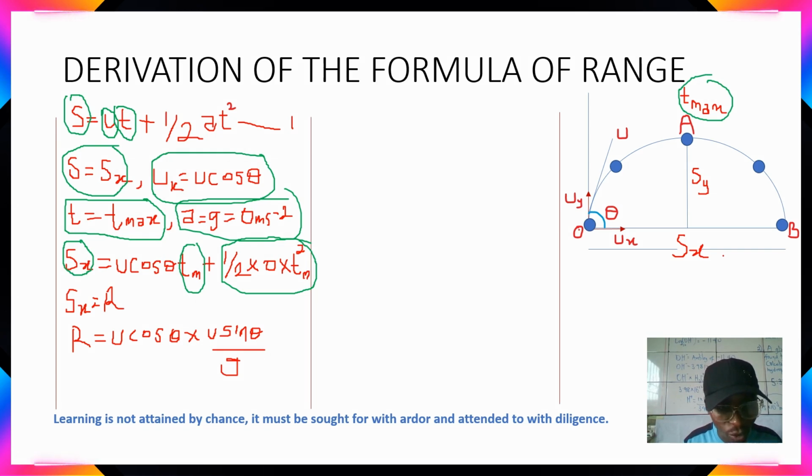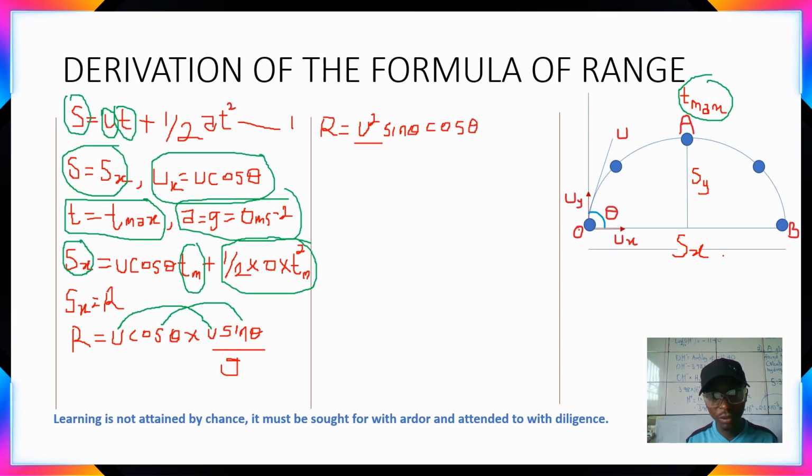So the next thing now is to simplify this. We have u multiplied by u, and that should give us u squared. Then cos theta multiplied by sine theta should give us sine theta cos theta. So therefore our range will now be equal to u squared sine theta cos theta over g.